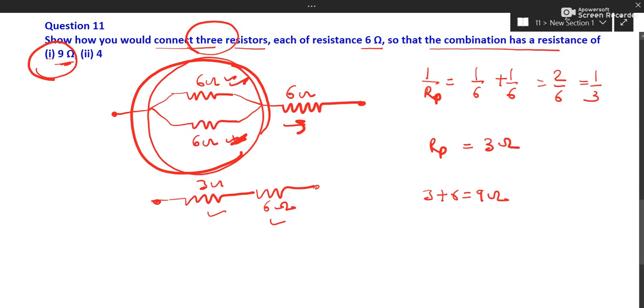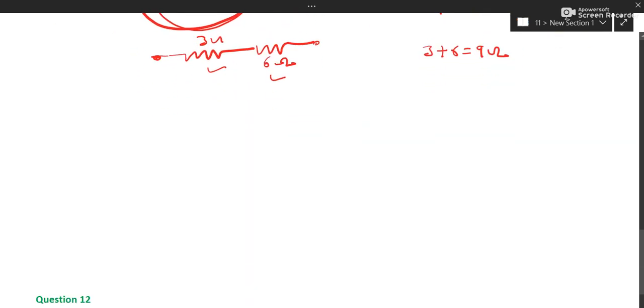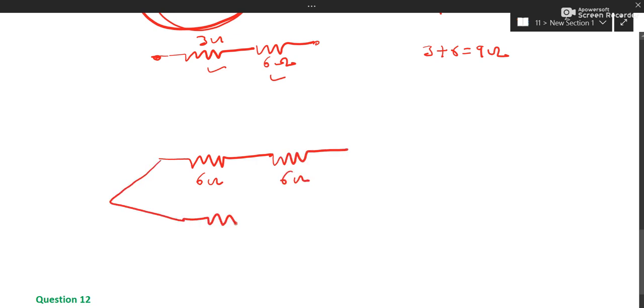Now getting to the next part in which we have to obtain 4 ohms. So in order to obtain 4 ohm, we will be connecting 2 in series, this 6 ohm and this 6 ohm in series, and the third 6 ohm, third resistance should be in parallel to the series combination of these two.